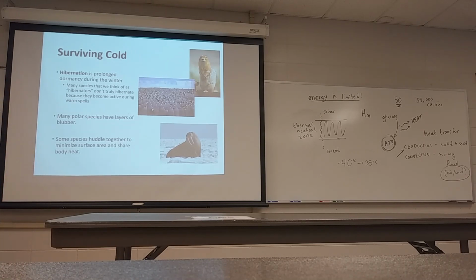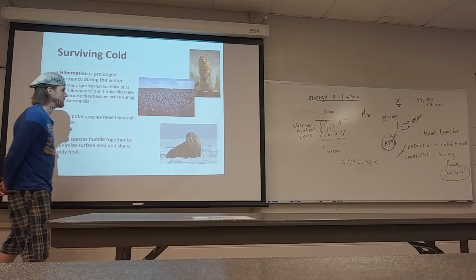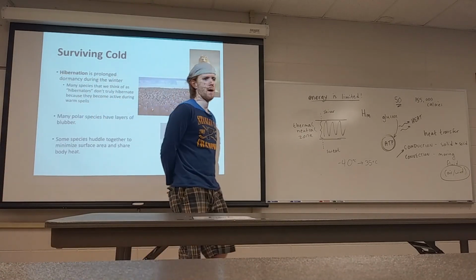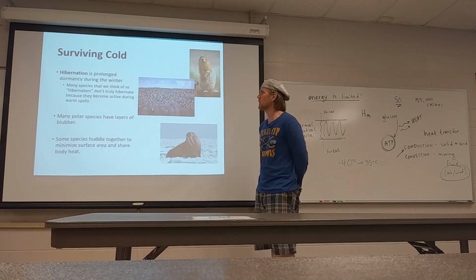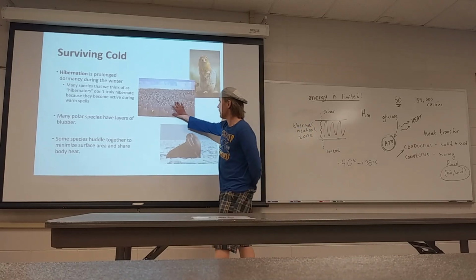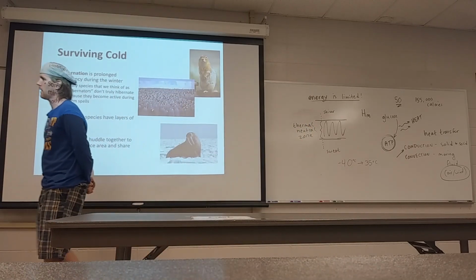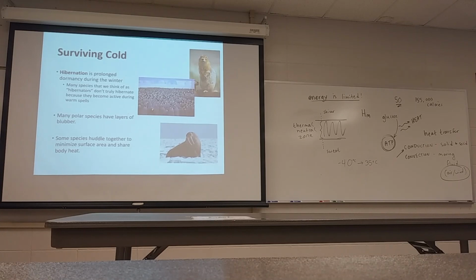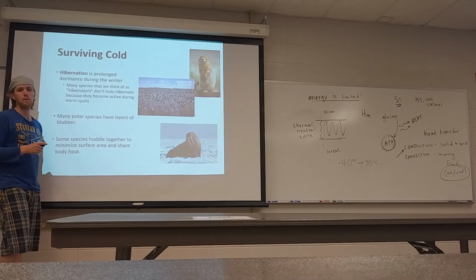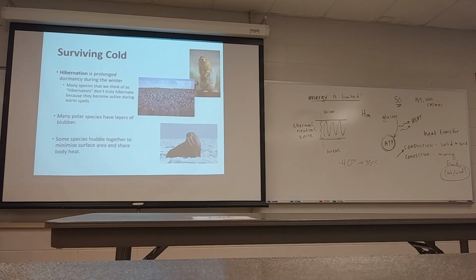So during Antarctic winters, penguins, I believe it's emperor penguins, huddle together, which reduces surface area exposure and warms up the penguins that are involved. And so that's one way to help minimize heat loss.